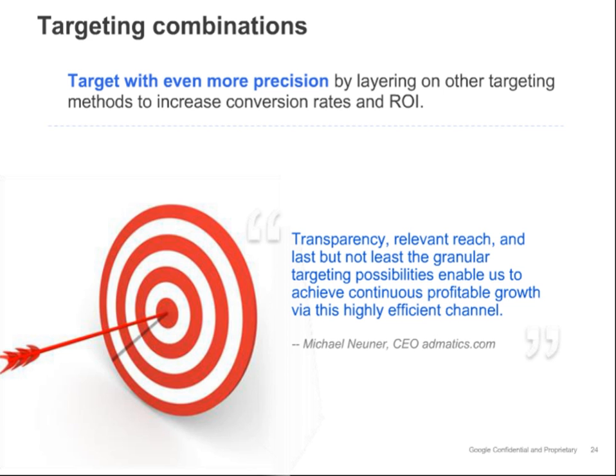All of these targeting tools are available for you to actually layer over the top of all of your remarketing data. So if you think about what that means, it means that you can take all of your information, you can then leverage all of Google's data, you can layer them over the top of each other, and as a result, you can be very, very niche in the way that you target.